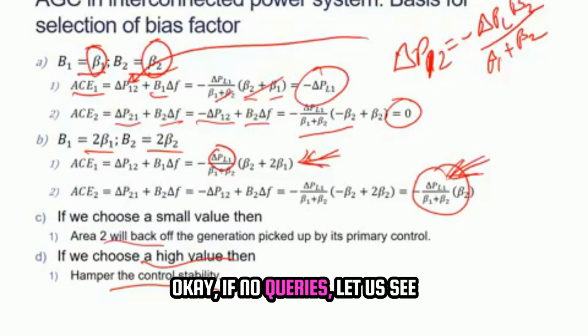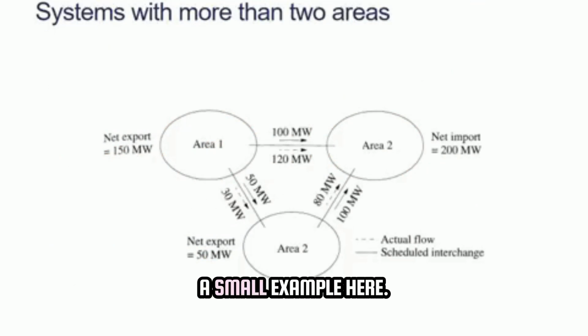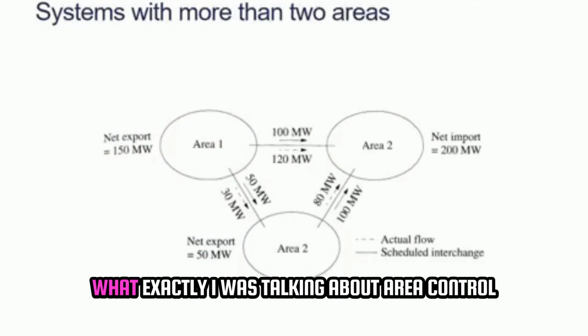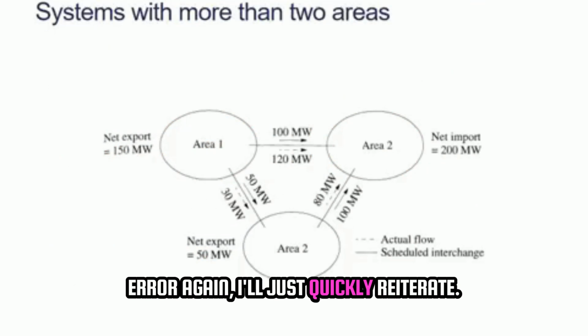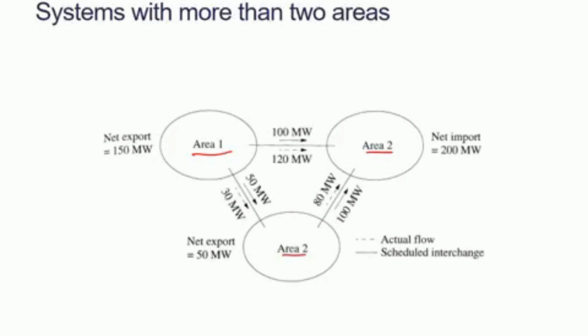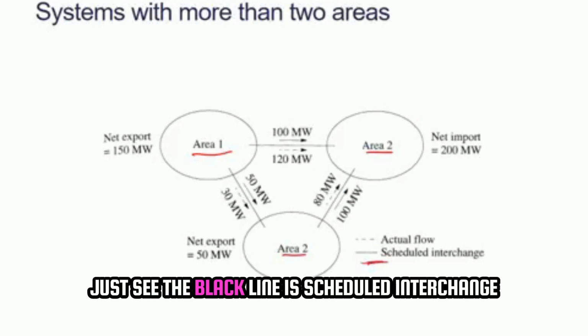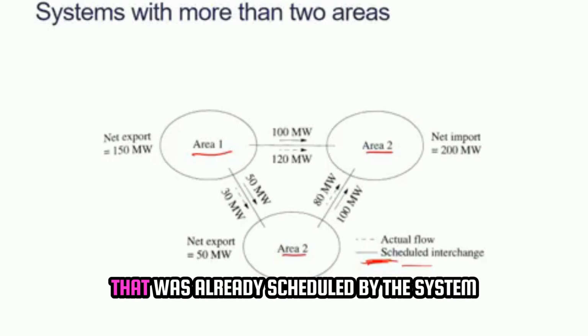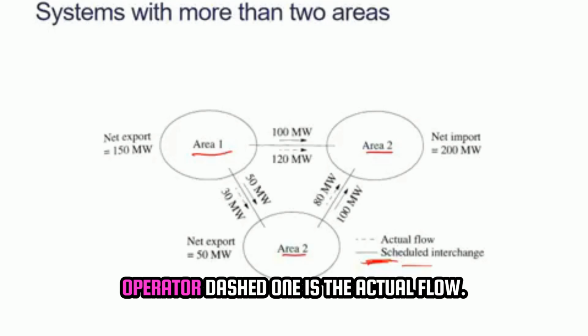Okay, if no queries, then let us see a small example of what exactly I was talking about with area control error. Again, I'll just quickly reiterate. Let's say this is area 1, area 2, area 3. The black line is the scheduled interchange, that was already scheduled by the system operator. The dashed one is the actual flow.